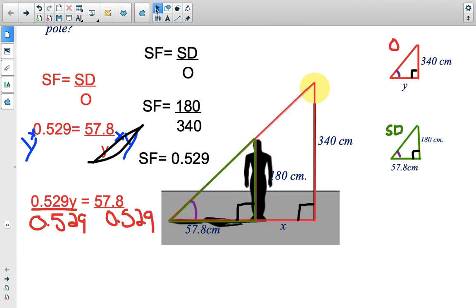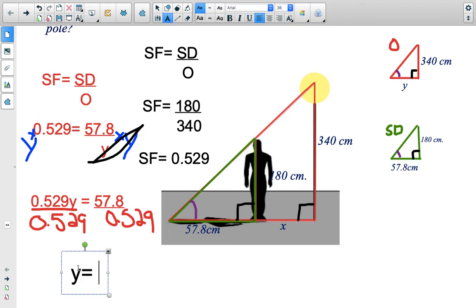So y now equals, if I put this in my calculator, 57.8 divided by 0.529 equals 109.26. Okay, so that is what y is.